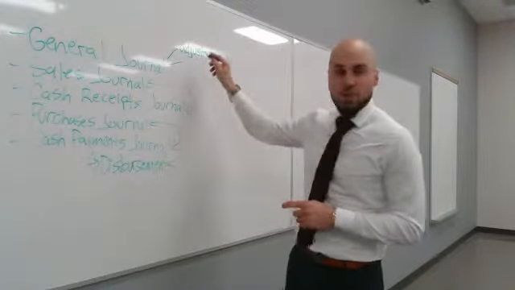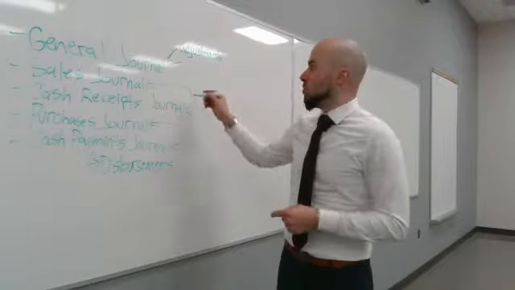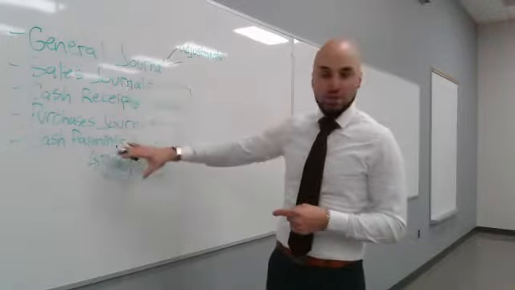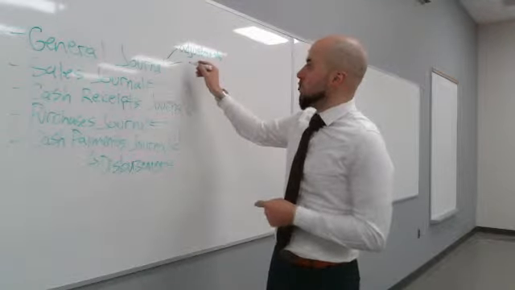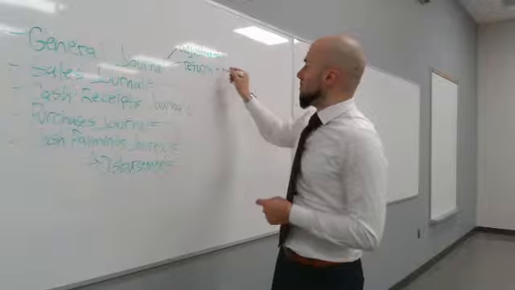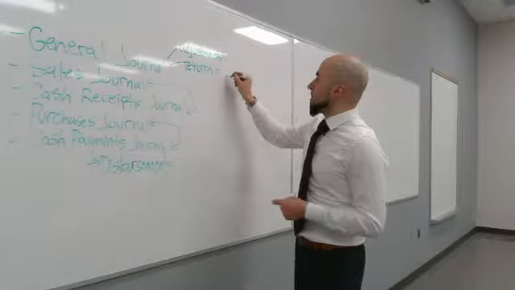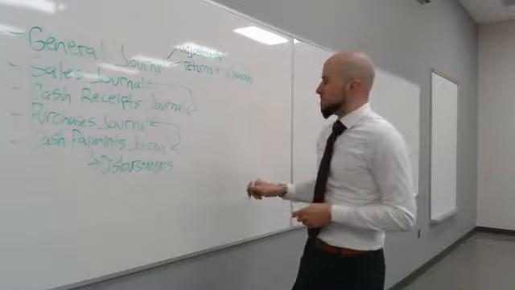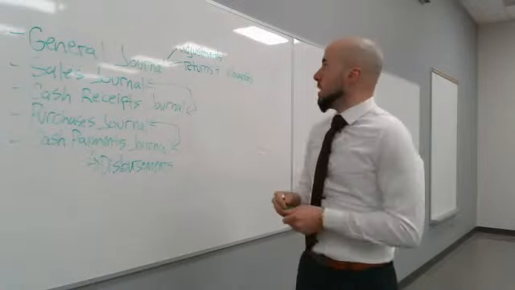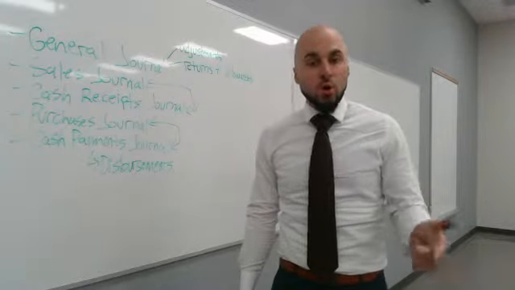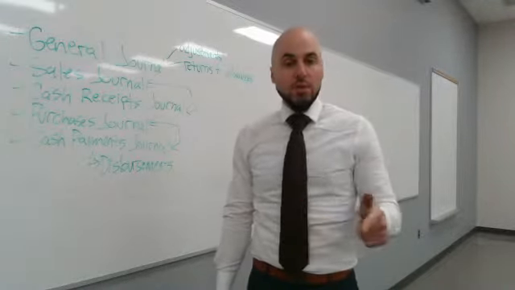We're talking about the types of entries generally in accounting that go into all these journals. General journal is used for adjustments, and what we're going to talk about in relation to these special journals will be the returns and allowances. This could be sales returns and allowances or purchase returns and allowances.